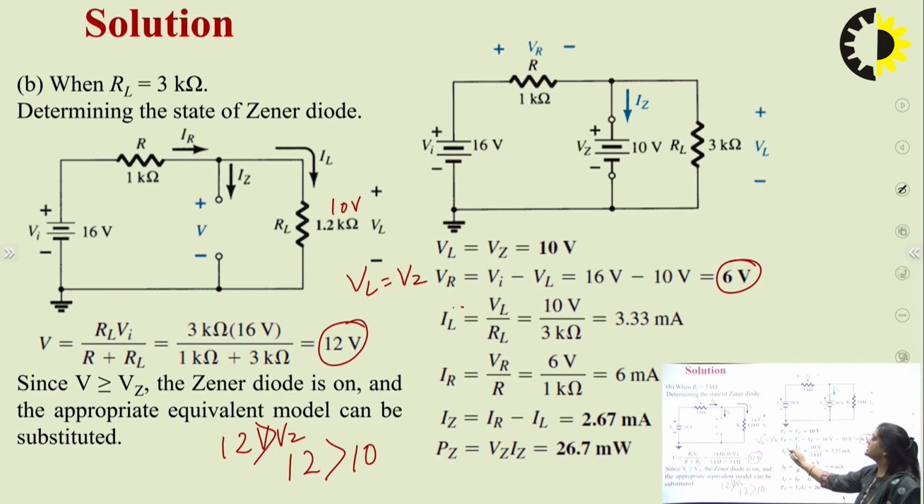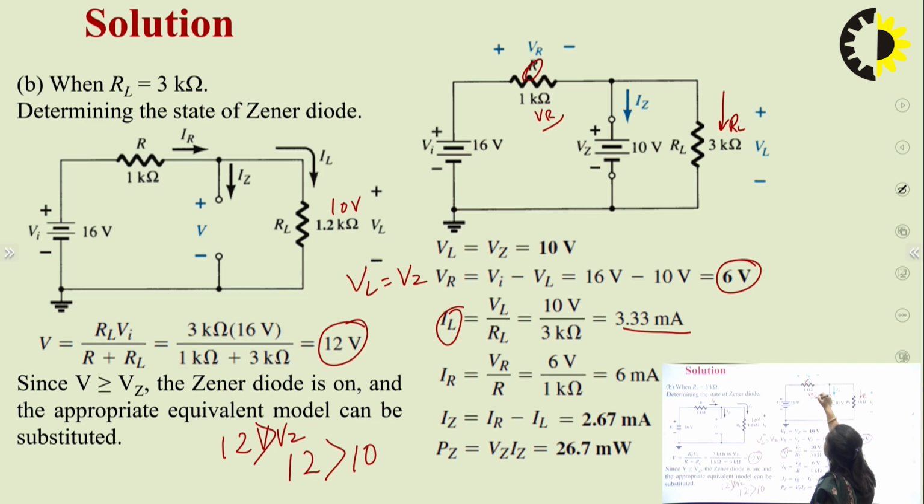IL is the current that is flowing through this RL. So it will be VL upon RL, 10 upon 3 kilo ohm, that is 3.33 milliampere. After that IR can be calculated by using VR upon R, that is the current flowing through this resistance.